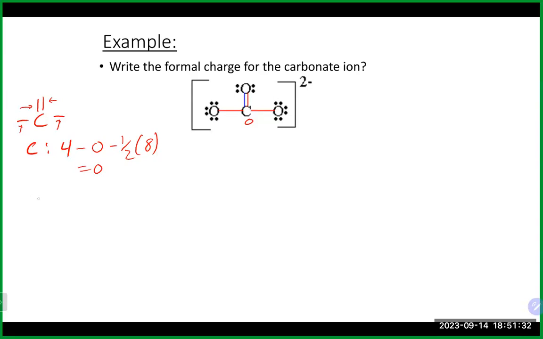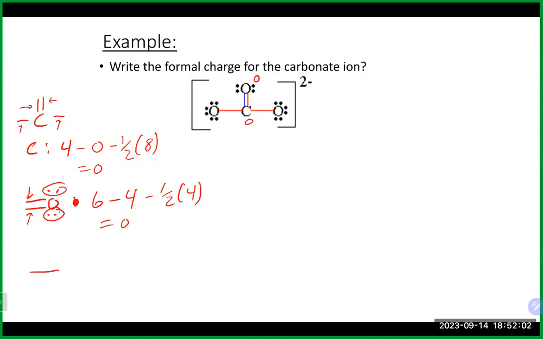If we look at our double bonded oxygen, which looks like this, it is going to end up being 6. We will end up with 6 minus our non-bonding electrons, which is 4, minus 1/2 our bonding, which is 2 and 4. And that gives us 6 minus 4, which is 2, minus 1/2 of 4, which is 2. And that's going to give us a 0 here for our double bonded oxygen.